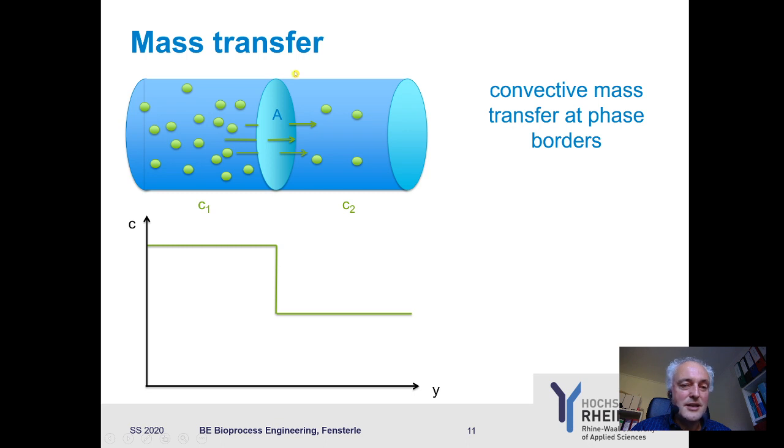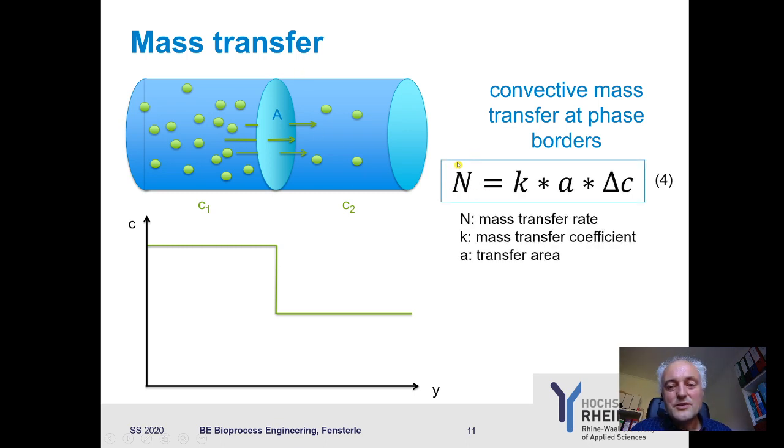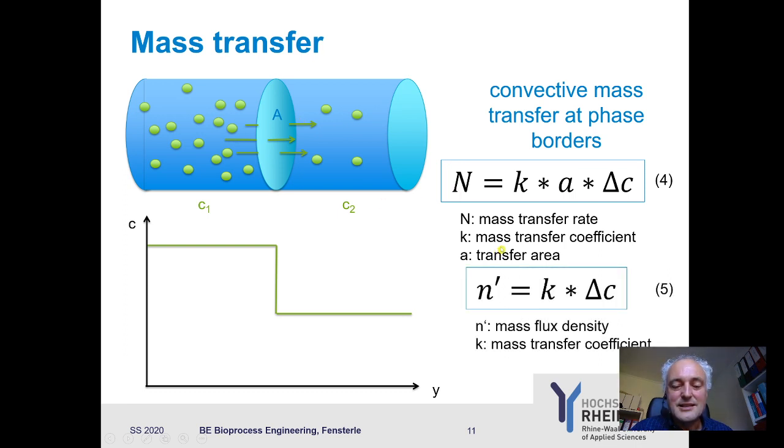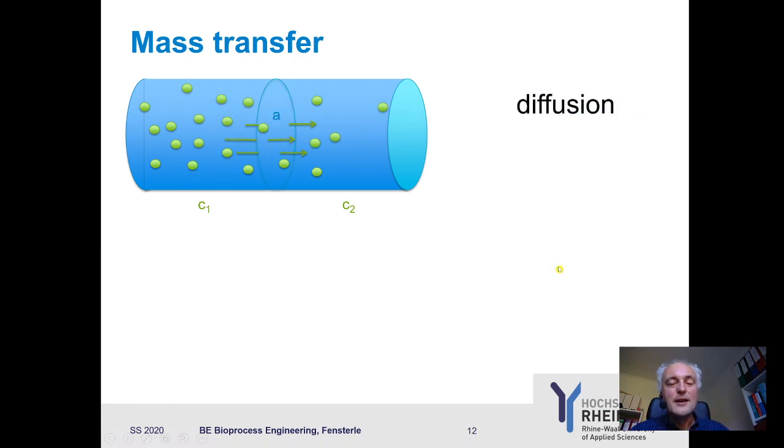Therefore, at the end, you come to a very simple equation: the mass transfer rate is equal to the transfer area, times the concentration difference, times a constant. And this is your mass transfer rate. If you want to calculate the mass flux density, it is simply, without the area, the mass transfer coefficient times the concentration difference. That's it. Now this is if we have a phase border.